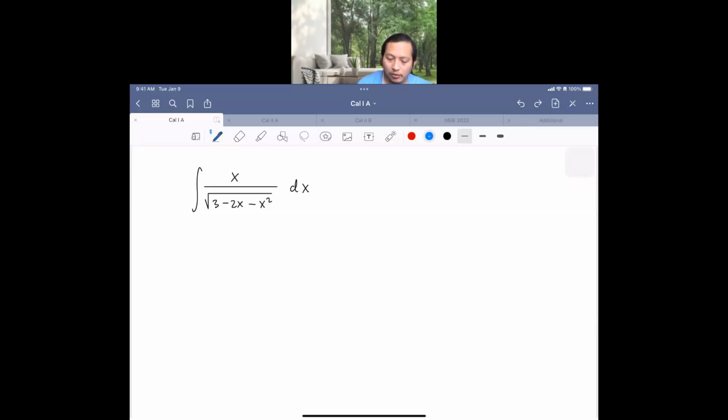What we can do is try some simplification of this 3 minus 2x minus x squared. Okay, let's try. If we take minus x squared minus 2x, if I write it like this, perhaps we can make it into a perfect complete square by adding 1 here, right?